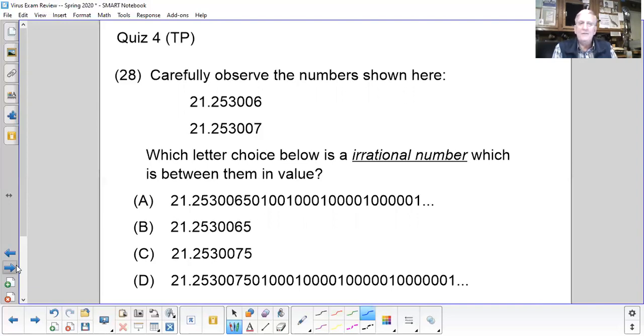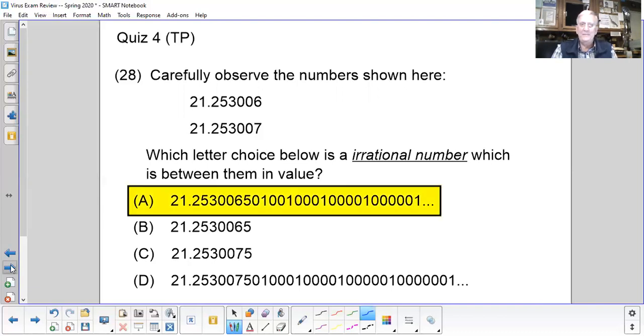If you took the average of the two numbers, you would get something between 6 and 7, like 6.5 or 6.6 or 6.8, and then you would have to put an irrational behavior on there. So the correct answer should be choice A.